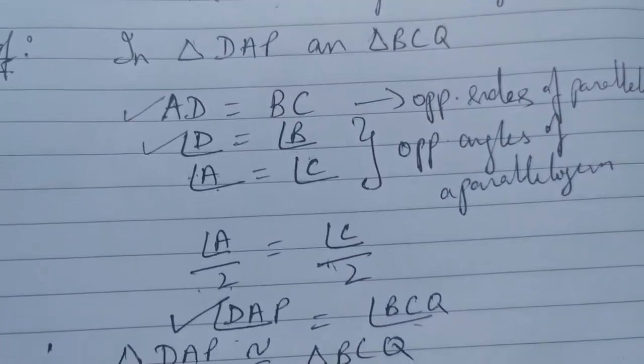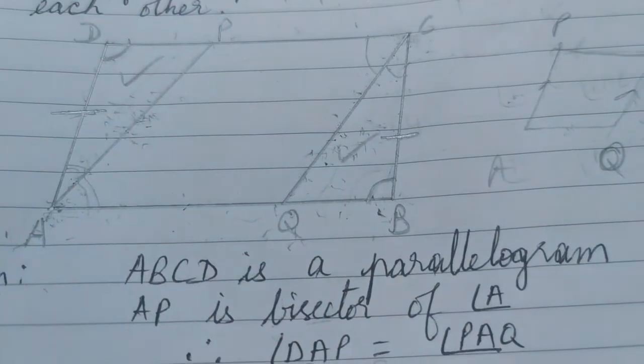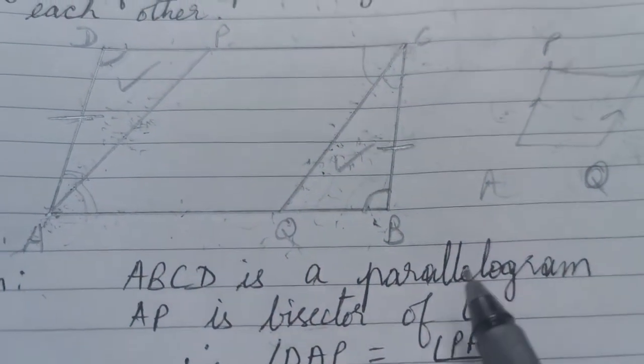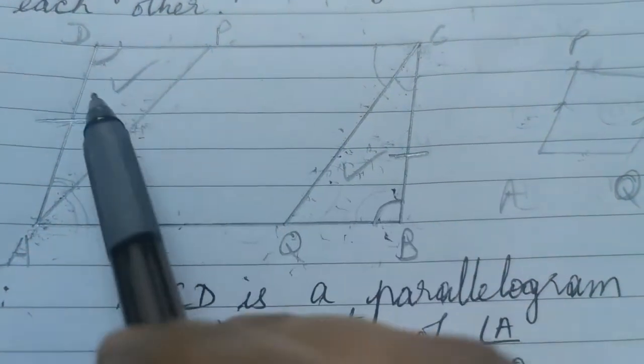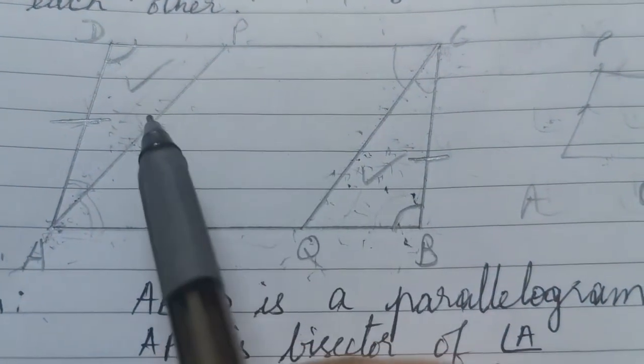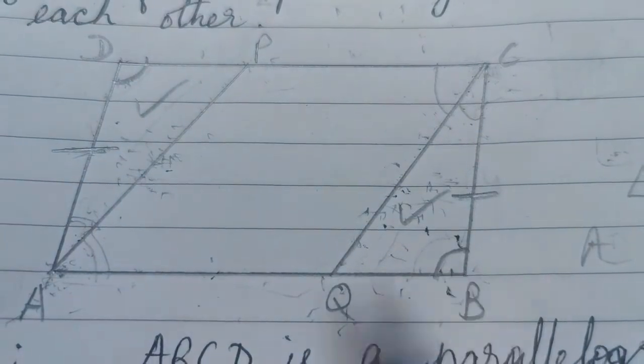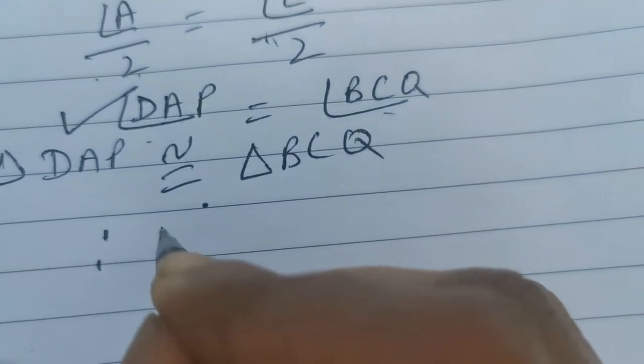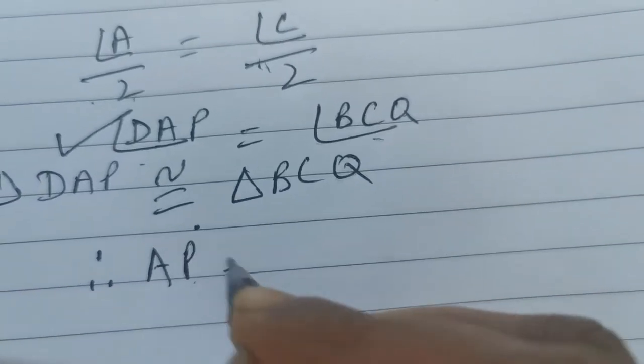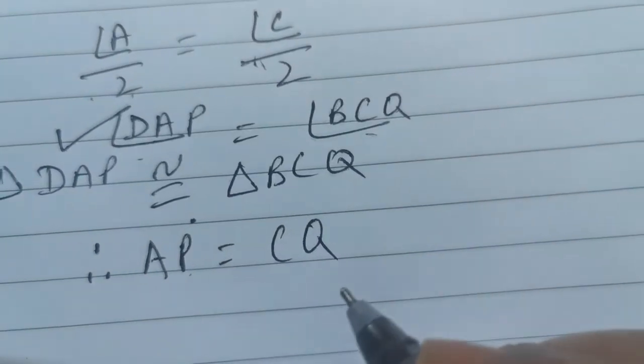Now, I have my angle D equal to angle B in these two triangles. Since the two triangles are congruent, the sides opposite to equal angles are equal. Here, angle D is equal to angle B. So, the side opposite to that, AP, is equal to CQ. Therefore, AP is equal to CQ.